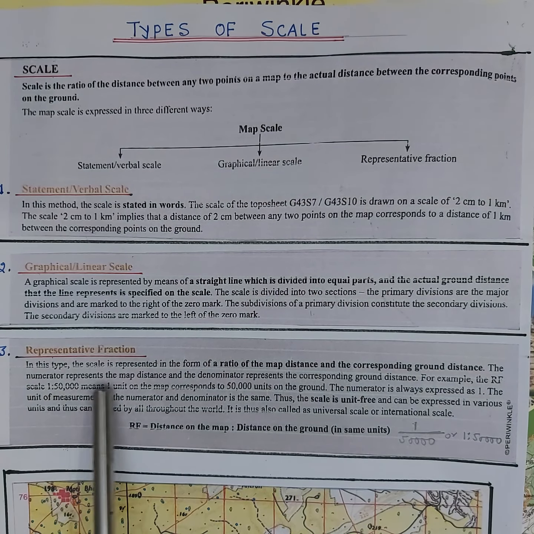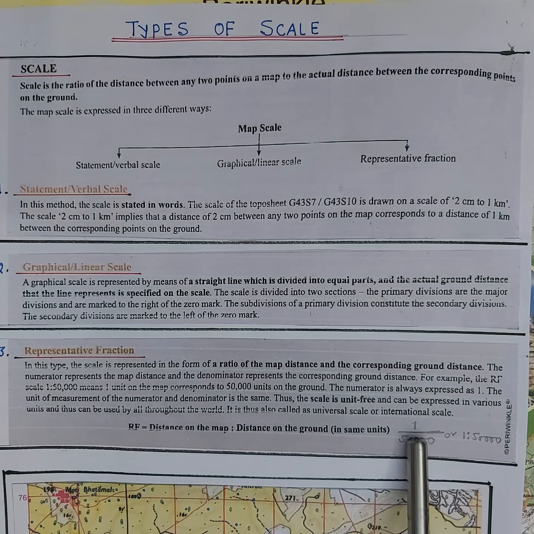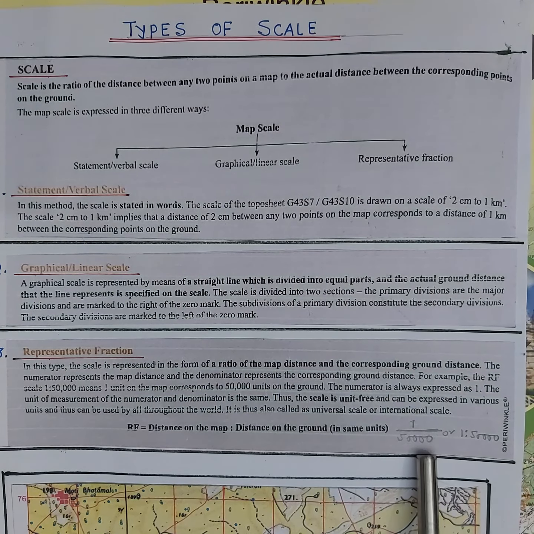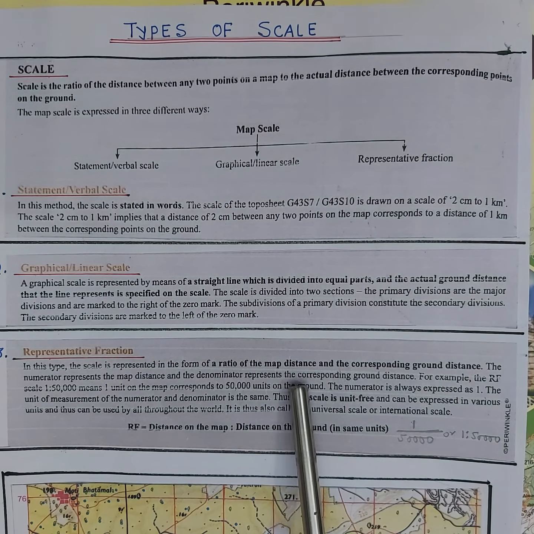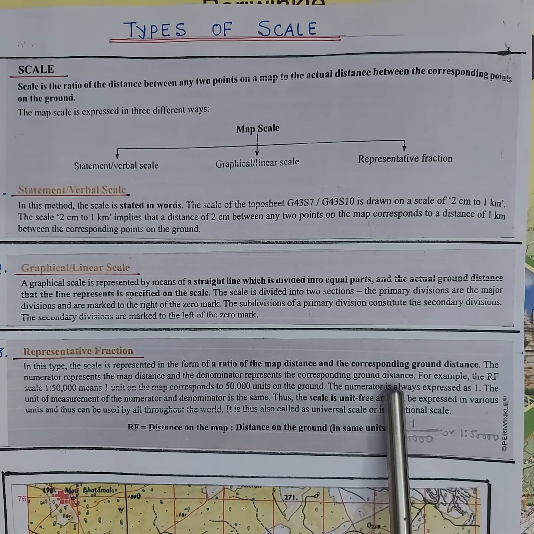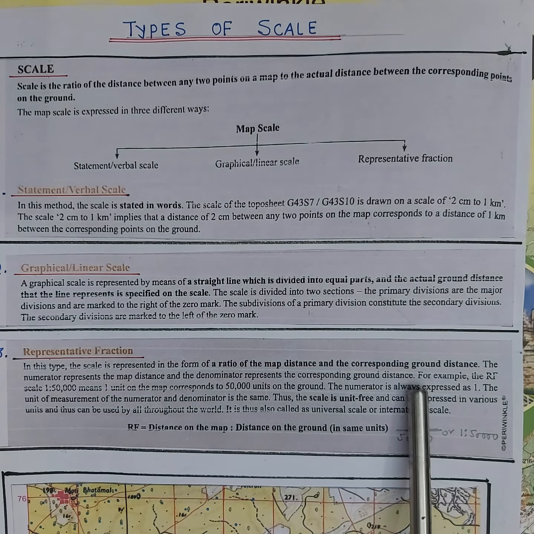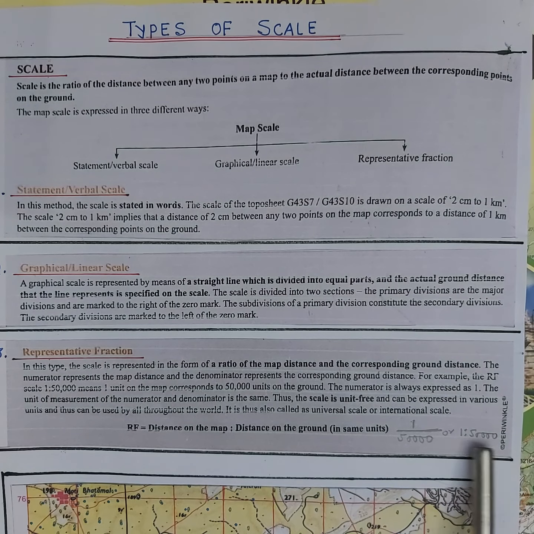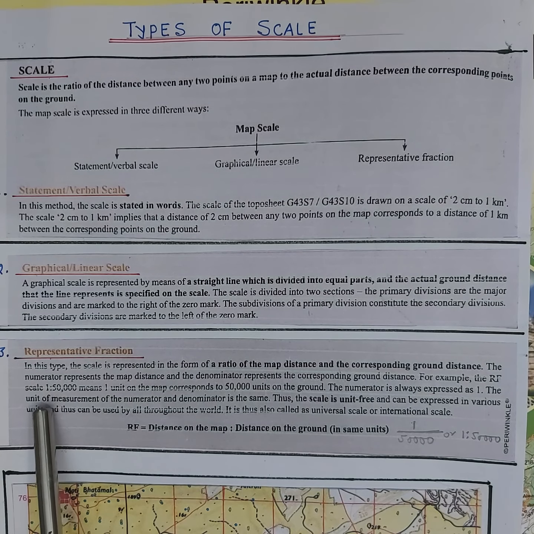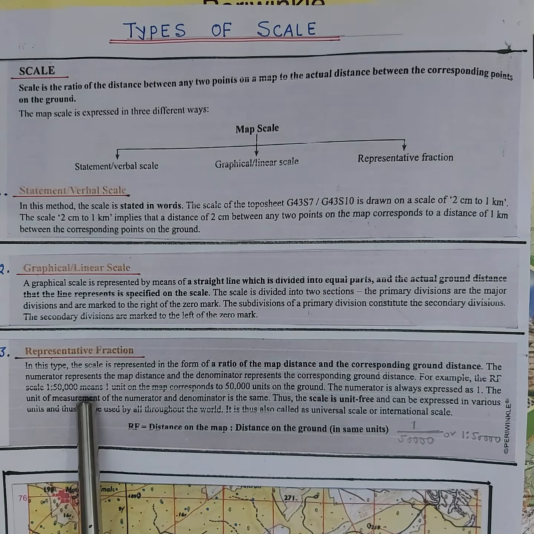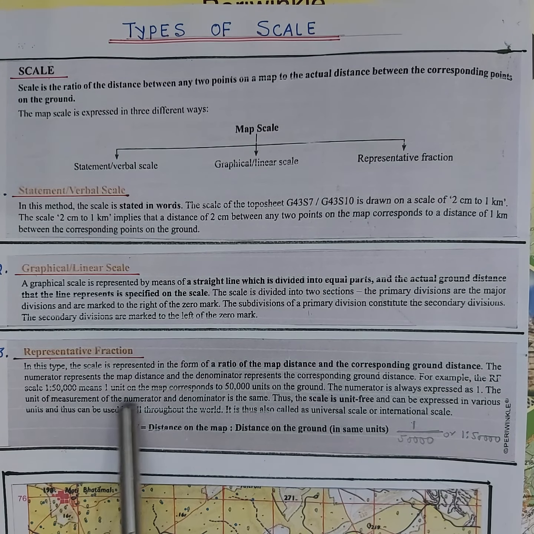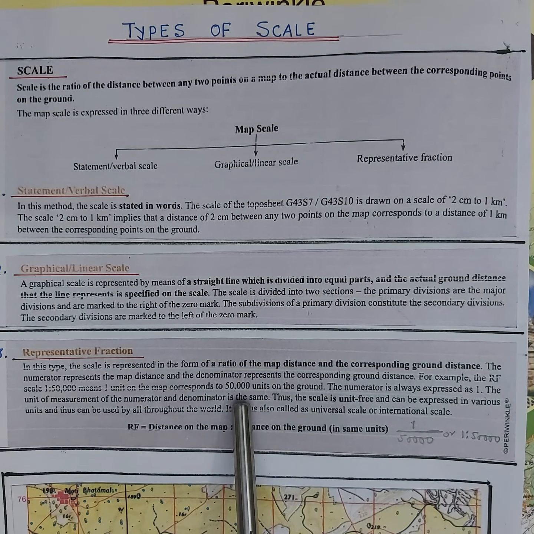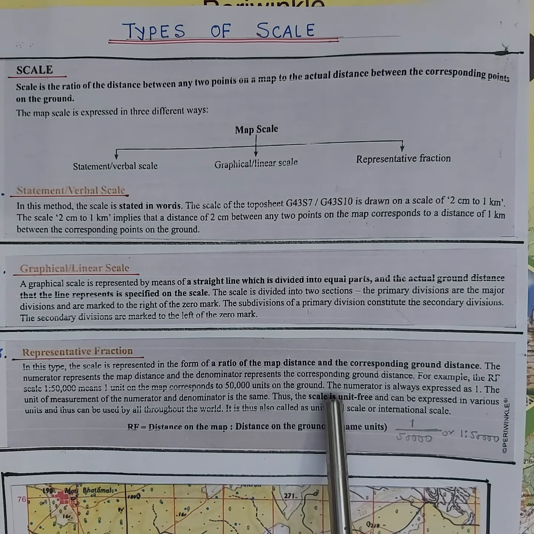The numerator represents the map distance, and the denominator, 50,000, represents the corresponding ground distance, right? So it can be written like 1 upon 50,000 or 1 is to 50,000. So 1 is to 50,000 means that 1 unit on the map corresponds to 50,000 units on the ground.